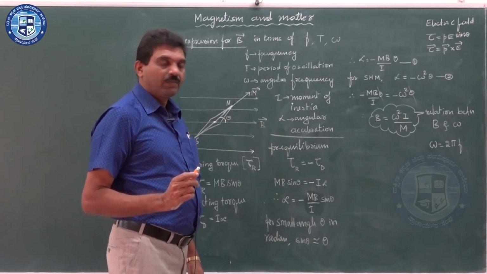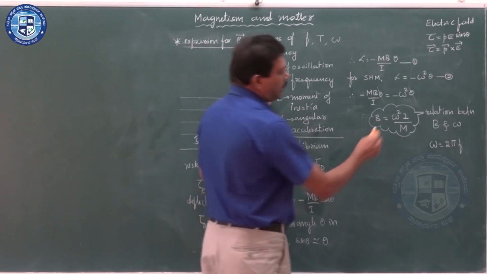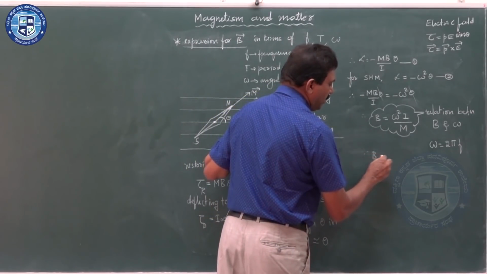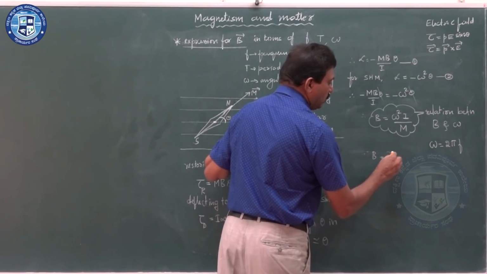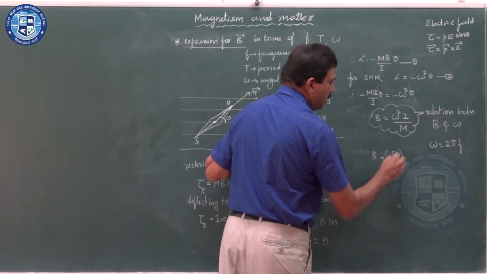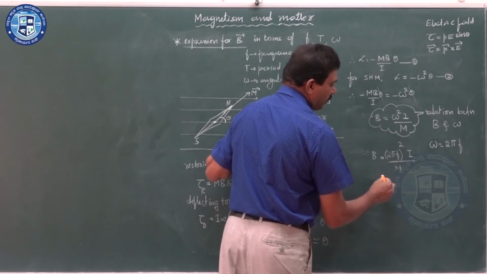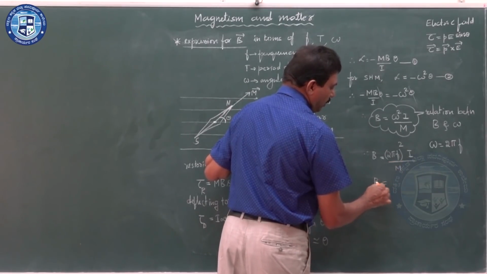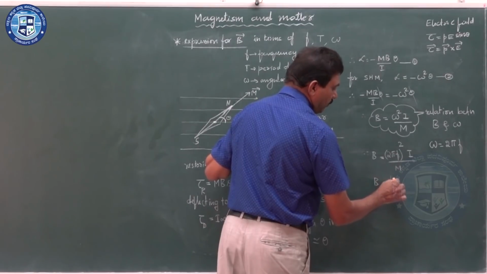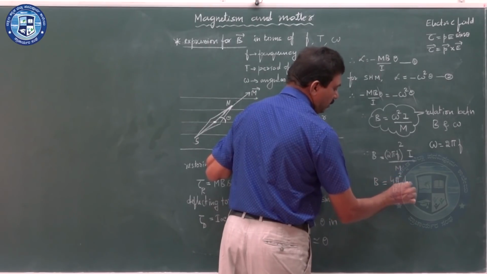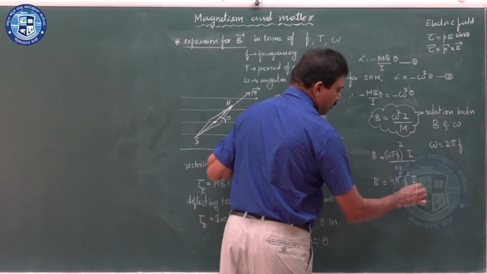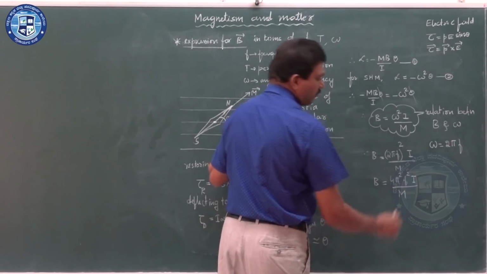What is f? f is frequency. So, we will substitute here. Therefore, B is equal to 2 pi f whole square into I divided by M. So, what you are getting, B is equal to 4 pi square f square into I divided by M.